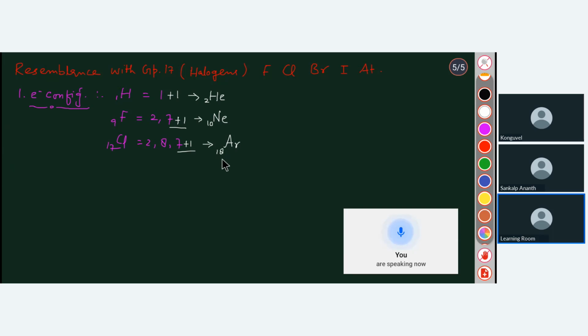So all these halogens require one more electron to have the nearest noble gas electronic configuration. Similarly, hydrogen also requires one more electron to complete its duplet. So hydrogen has a similar electronic configuration to that of halogens. Have you got it?